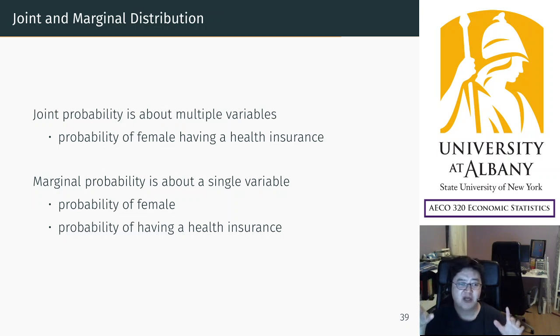But the marginal probability distribution is about only a single variable. So in our example, if you only take gender, then you can make a simple 2x1 probability table, and that is a marginal probability distribution table because it is about only one variable. Similarly, if you consider probability for health insurance coverage, that is also a marginal distribution because it's also a single variable.